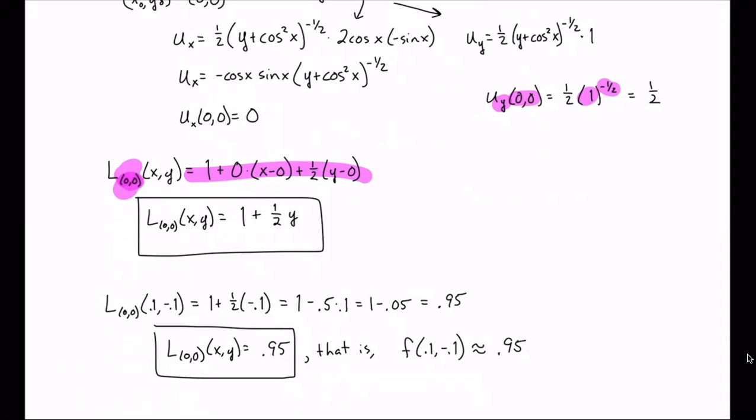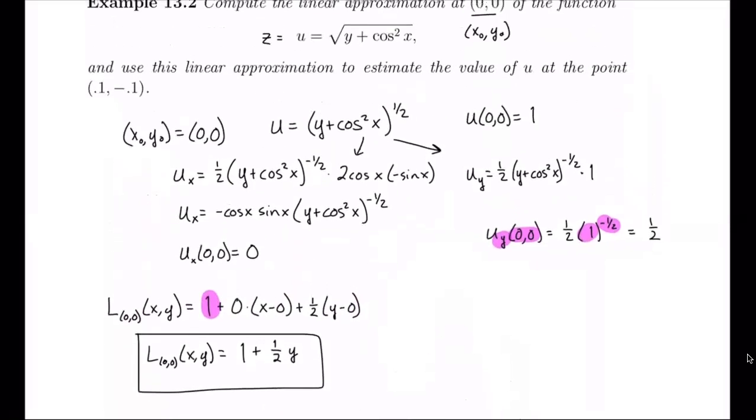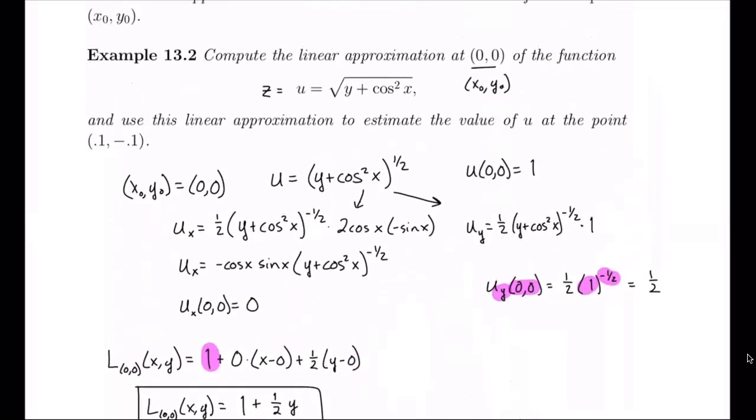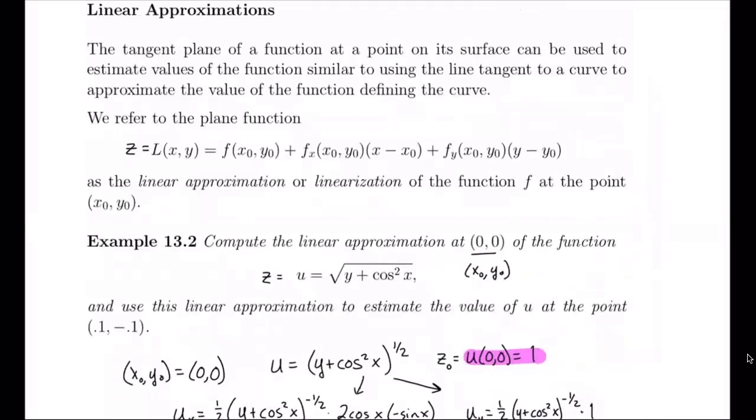So plugging these things in, we have, this is z naught right here. Okay, and z naught was obtained somewhere above, I believe we have it. Z naught is here, u of (0, 0). So I will label it as such so we can see that as well. Z naught, or really in this case, u naught is a better name for it, but just so it matches terminology from above, or f of x naught, y naught, same thing.